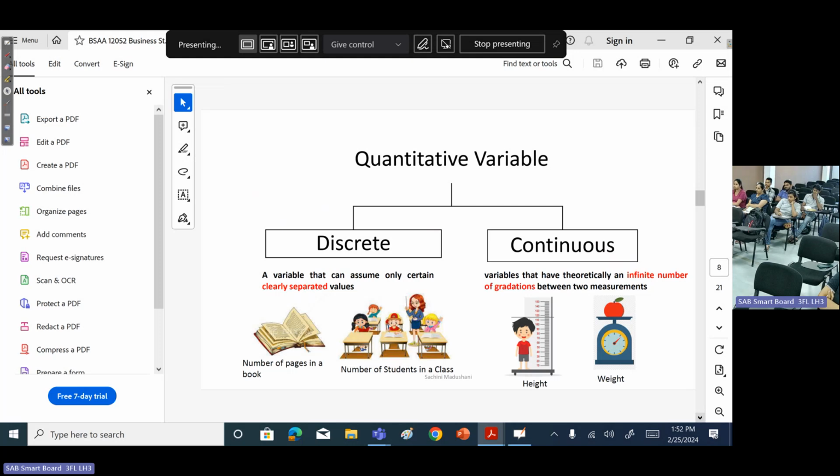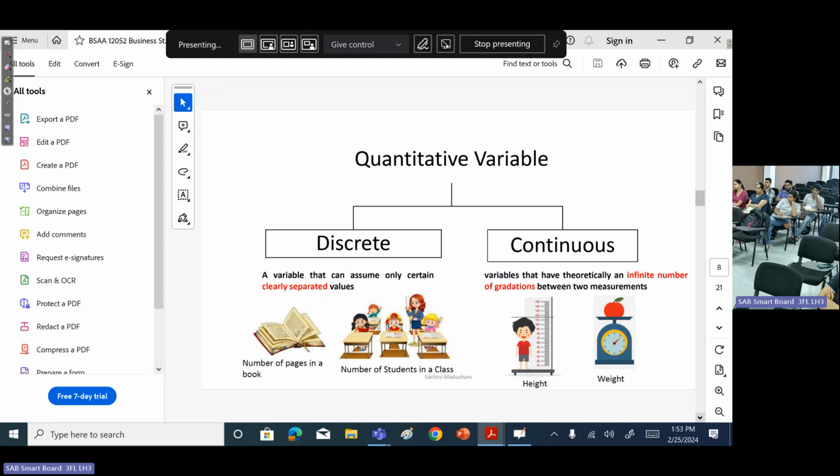Understood? Then what is the meaning of discrete? A variable that can assume only certain clearly separated values. Take the number of students in this class. How do we get the value? How many students are in this class? 11 students.